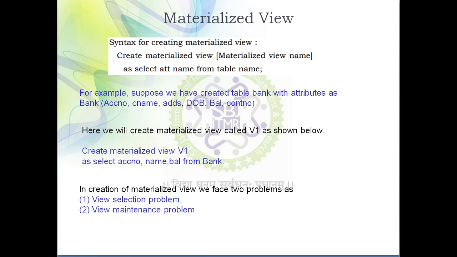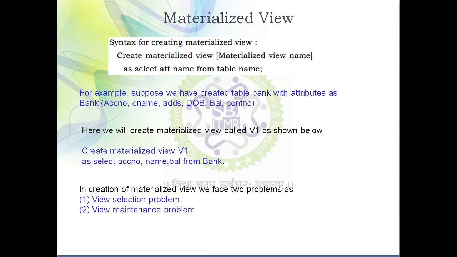At the last, we see what issues may arise in a materialized view. There are 2 problems faced in a materialized view. The first one is the view selection problem and the second one is the view maintenance problem. First of all, let's try to understand what we mean by the view selection problem. In a particular table, suppose you have created a view.